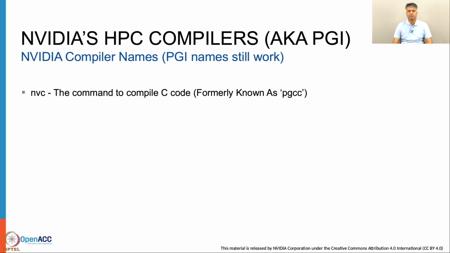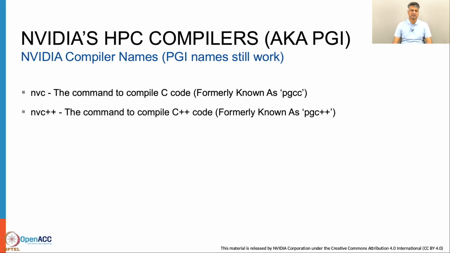For example, to compile the code using C, we will use the NVC compiler, which was formerly known as PGCC. Similarly, NVC++ will be used to compile C++ code. This used to be known as PGC++.